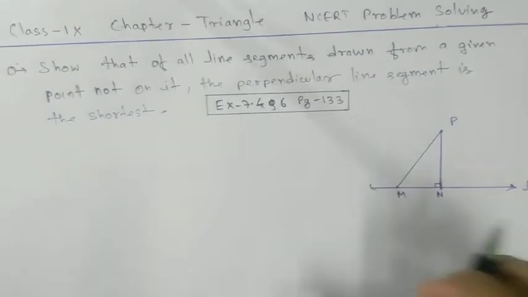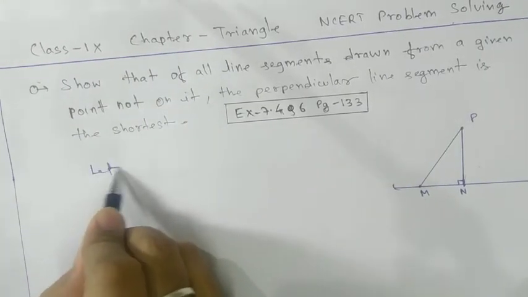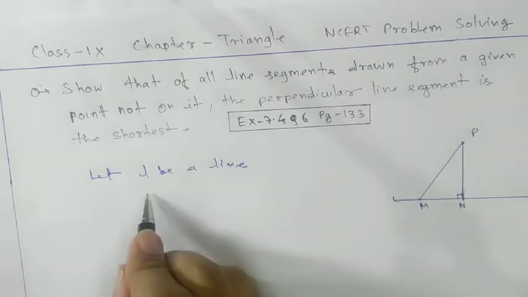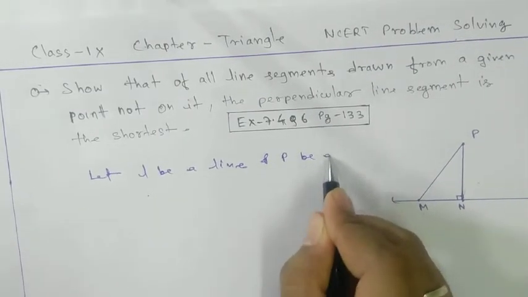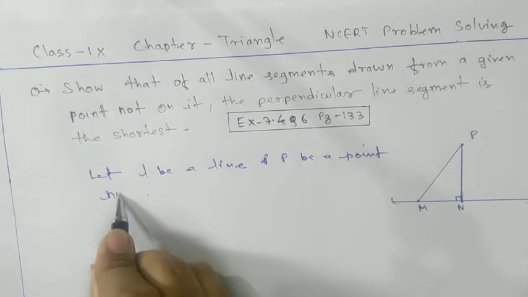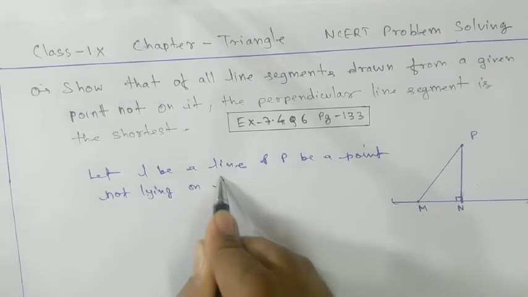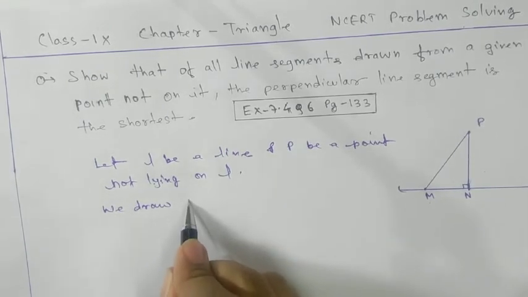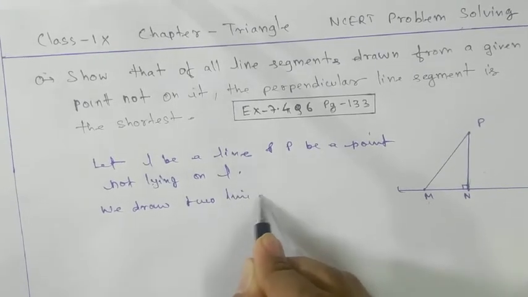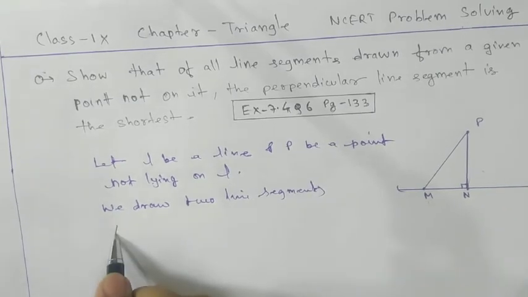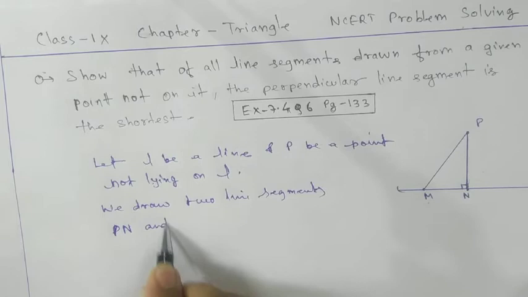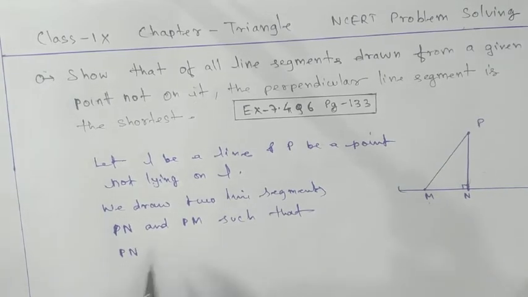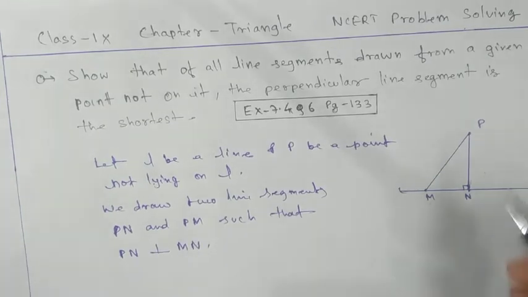So we'll say here, let L be a line and P be a point not lying on L. We draw two line segments, PN and PM, such that PN is perpendicular to MN.